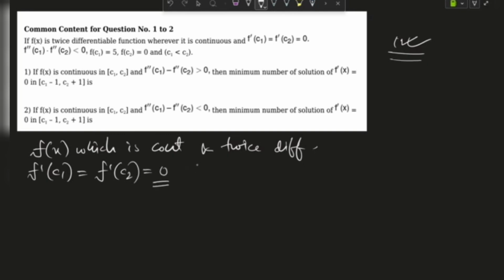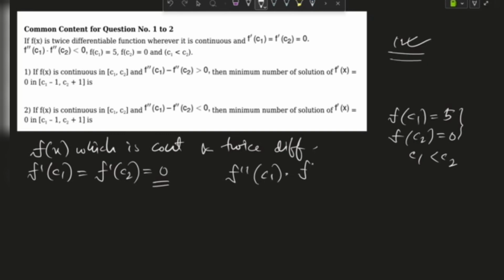So this is the information we have. We also have f of c1 is 5, f of c2 is 0, and c1 is less than c2. And we also have a very important condition, actually the most important in this whole question: f double dash c1 dot f double dash c2 is less than 0.